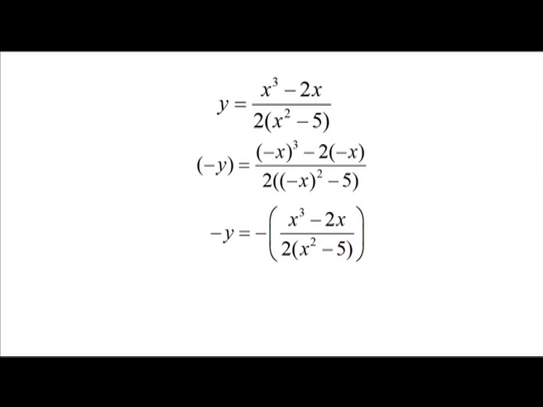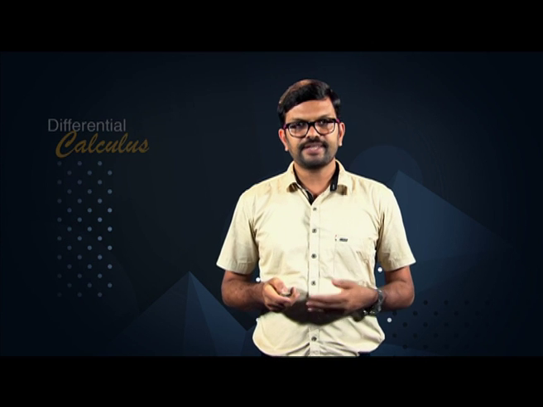We have the equation y is equal to (x^3 minus 2x) divided by (2 into (x^2 minus 5)), which is not altered when x and y are replaced by minus x and minus y. Hence, the graph is symmetric about the origin.